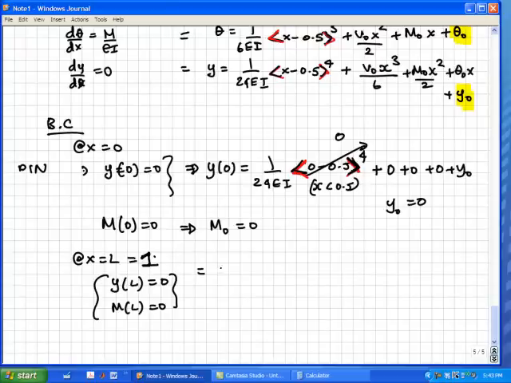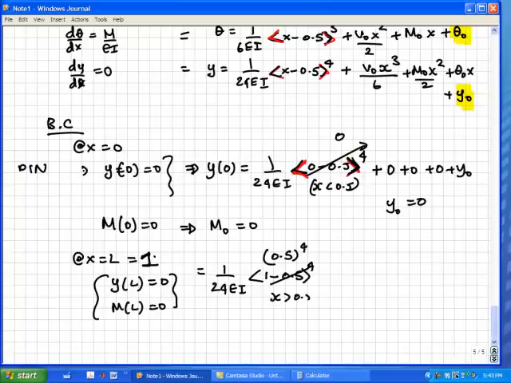So this gives me 1 over 24 EI times <1 minus 0.5> to the power 4, which turns out to be 0.5 to the power 4, because x is greater than 0.5, plus V naught over 6. We already knew that M naught was 0, and we already knew that y naught is 0.